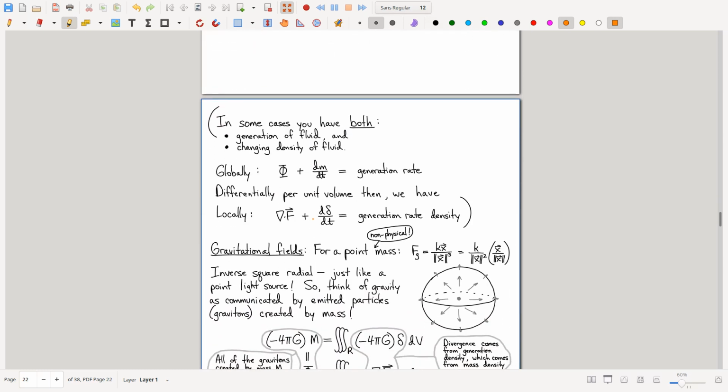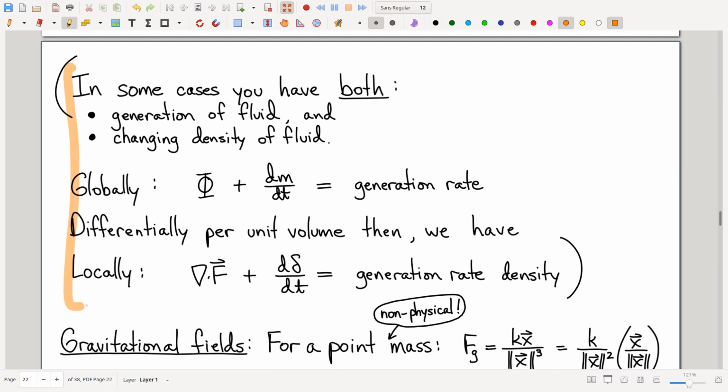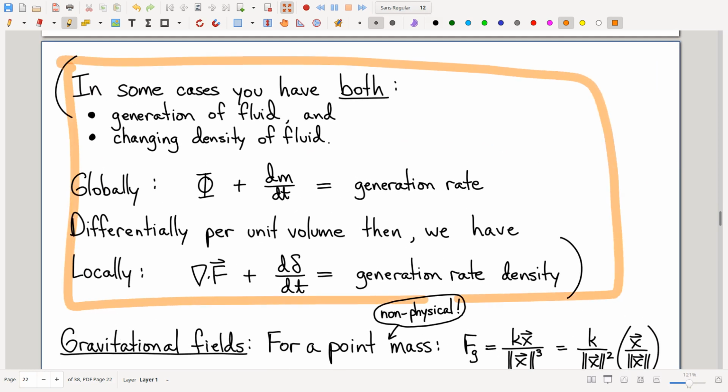And just real quick, I'm going to wave my hands at this story right here. There are some kinds of fluids that are a combination that have both of these features, where you're generating fluid, but the fluid density is also changing because of whatever the scenario might be, and that's a much bigger discussion.